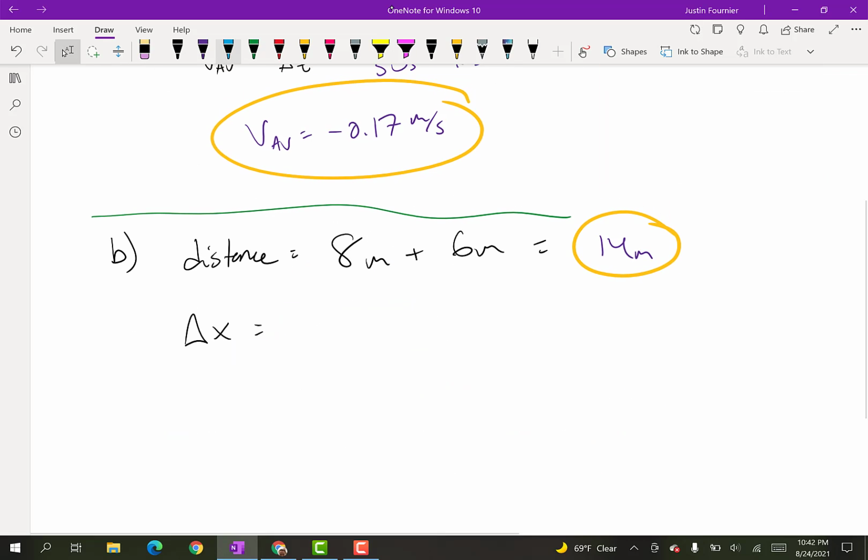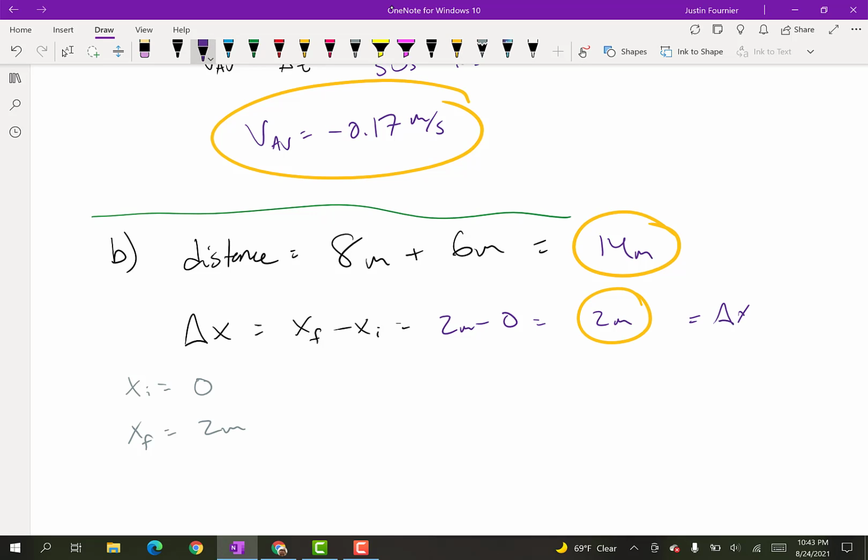So my initial position, let's write that off to the side here. My initial position is 0, and then my final position is 2 meters. So the displacement is the final position minus the initial position. So that's going to be 2 meters minus 0. So that means my displacement is going to be 2 meters. And that's my displacement, so that's delta x.